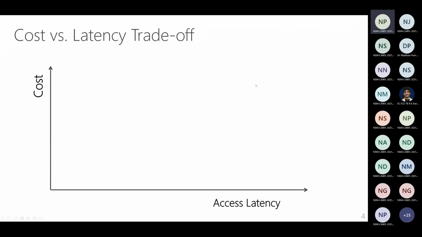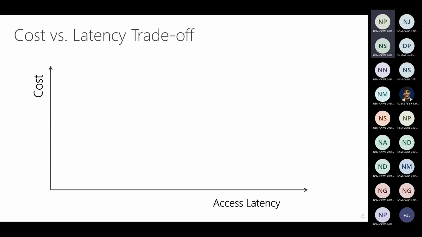unfortunately, no device provides them all. So in this particular graph, I'm just going to take one dimension, access latency, and compare it with another dimension, which is cost. One other thing that we would want is low cost, right?